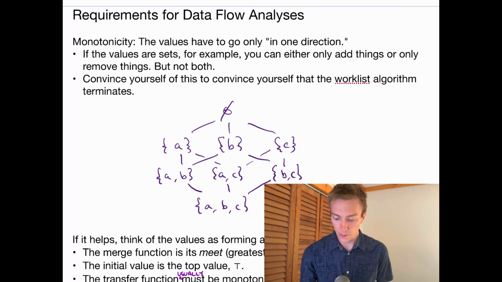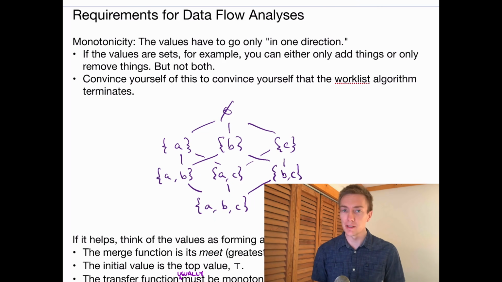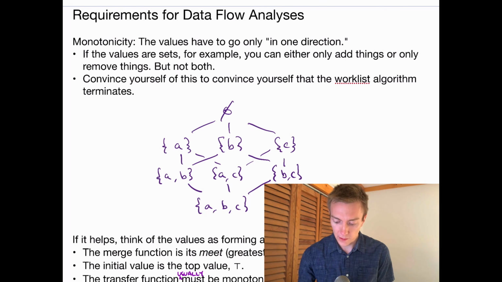And the nice thing about this order is that it has a top element and a bottom element. That is, it has the empty set and then the finite set of all the variables that are being computed, which means that if we only ever move one direction in this relation, and it doesn't matter which direction because there's a top element and a bottom element, then we are guaranteed to eventually converge.